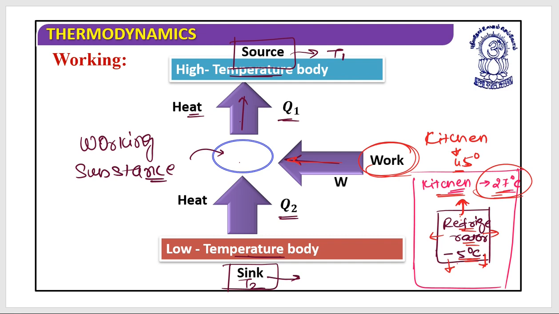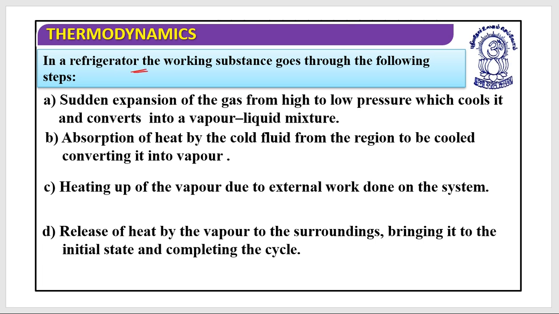So now do you understand how the refrigerator works? It takes a certain amount of energy from the low temperature body, which we call Q2. We perform work on it, that is the work done, and we dump this energy to the high temperature body, which we call the surrounding. In a refrigerator, the working substance goes through the following steps.